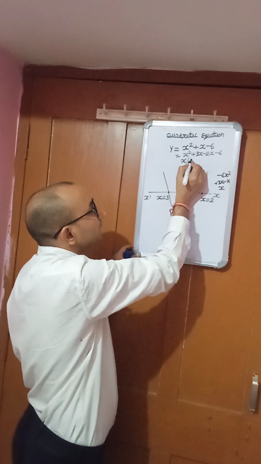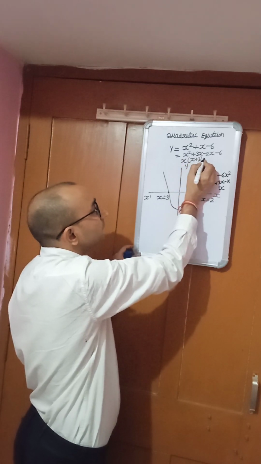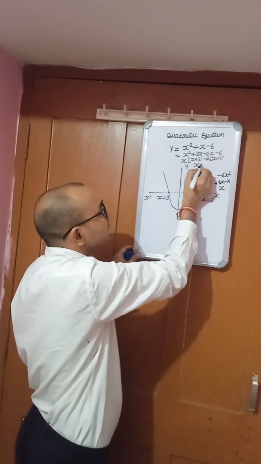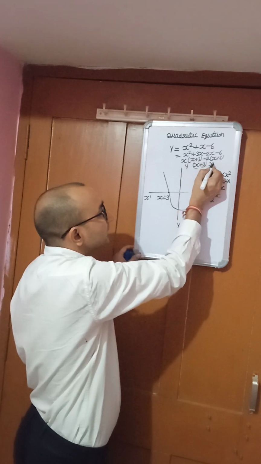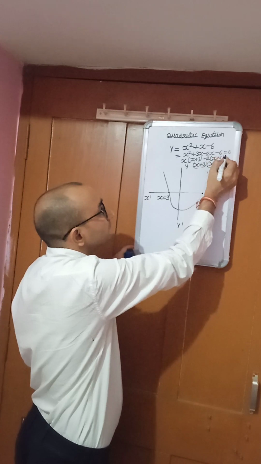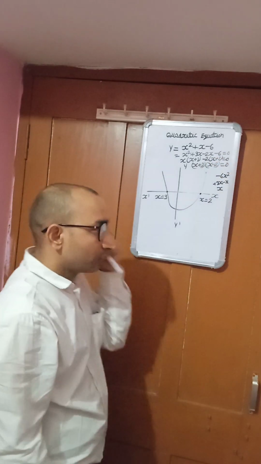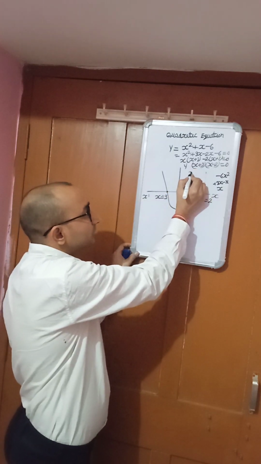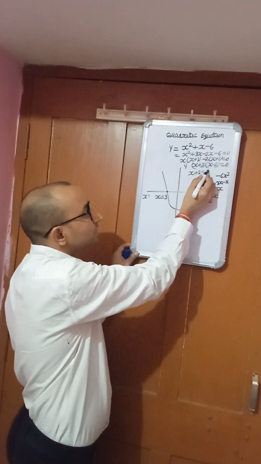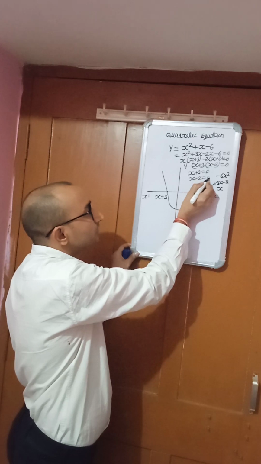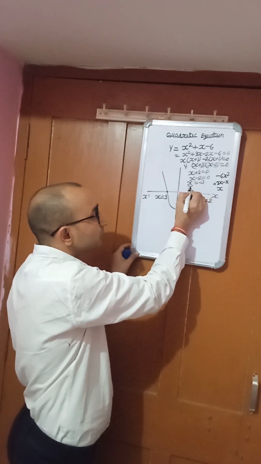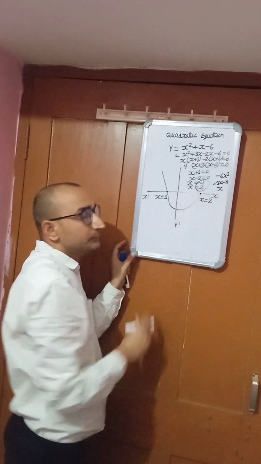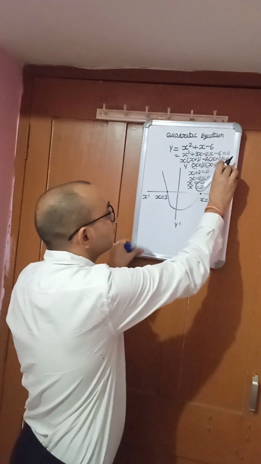Here x plus 3 and minus 2 is common, so x plus 3 and x minus 2 equals 0. So x plus 3 equals 0 and x minus 2 equals 0, means x equals minus 3 and x equals 2. Here two solutions are there.